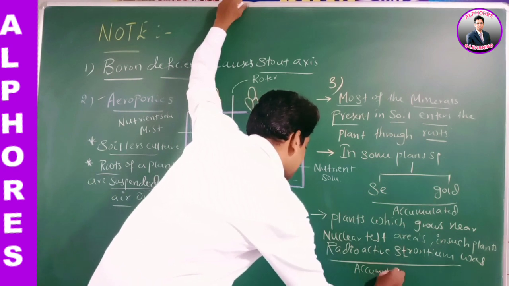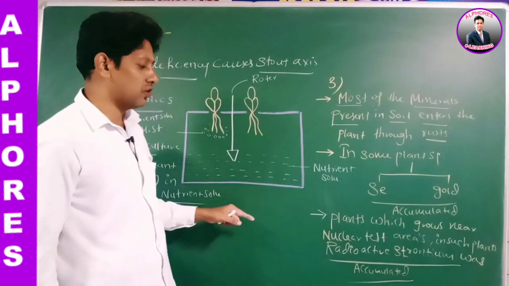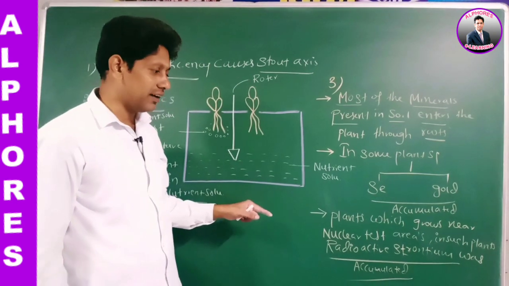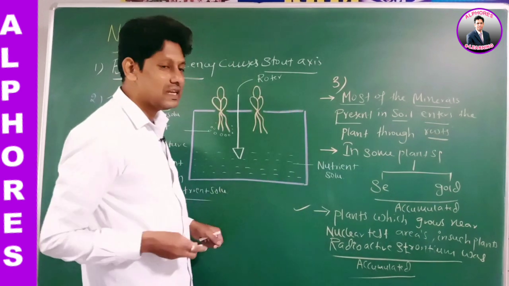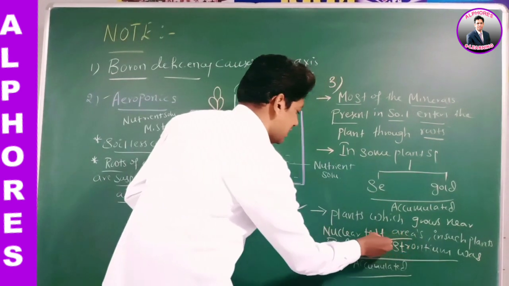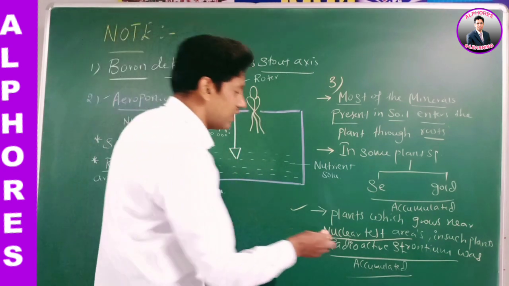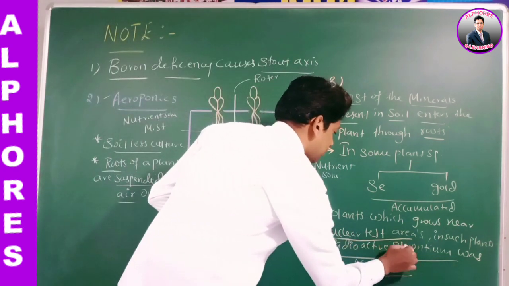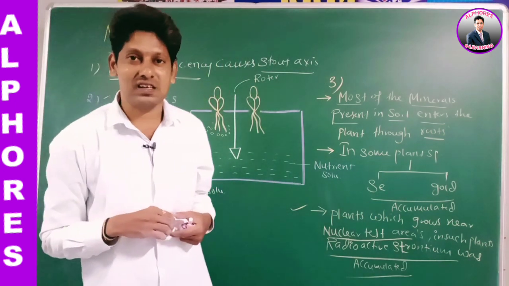I am not speaking about gold, I am not speaking about selenium, I am speaking about radioactive strontium. Sir, plants which grow near nuclear test areas, in such plants, what was accumulated? Radioactive strontium was accumulated, right?